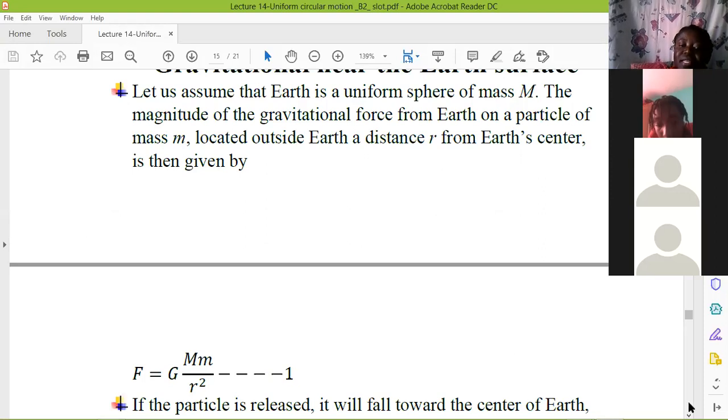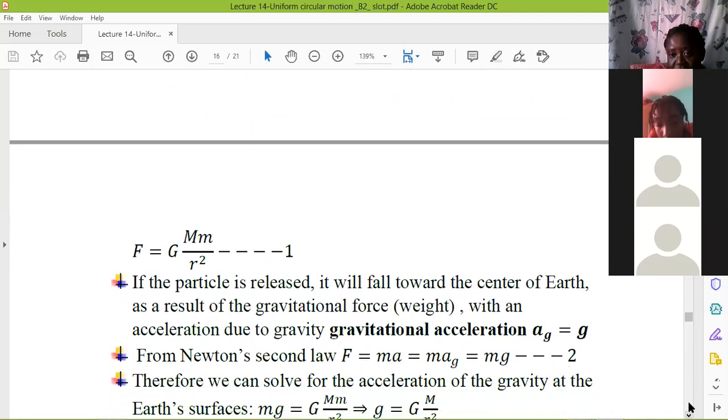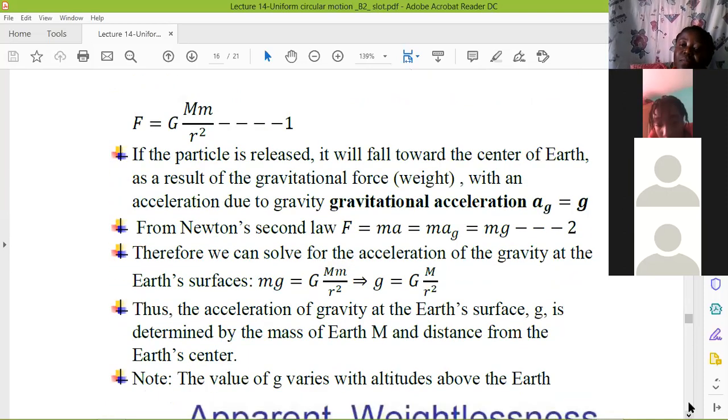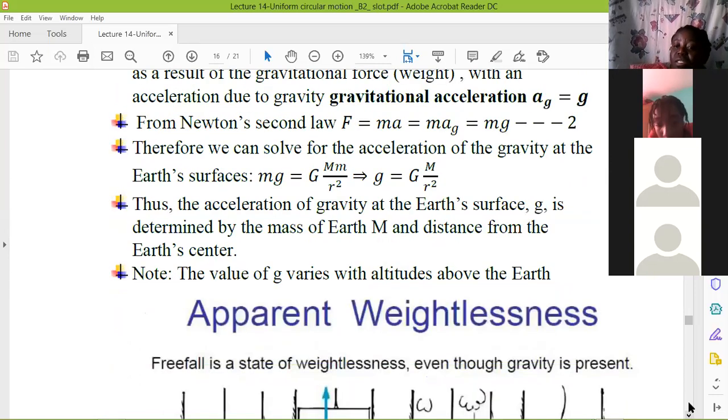If that particle is released and falls toward the center of the Earth, then the gravitational force associated with that object equals the weight, or the gravitational acceleration.